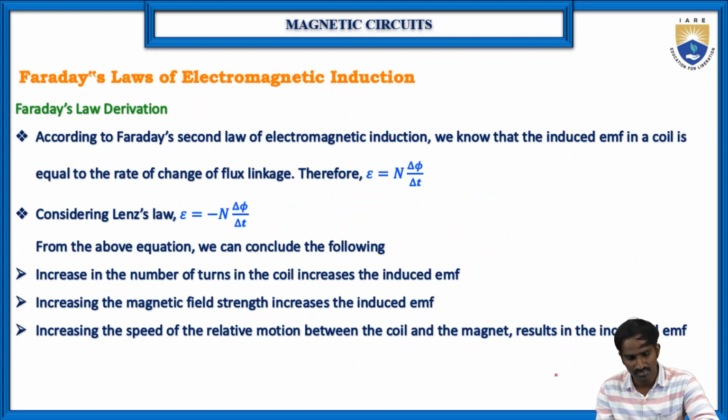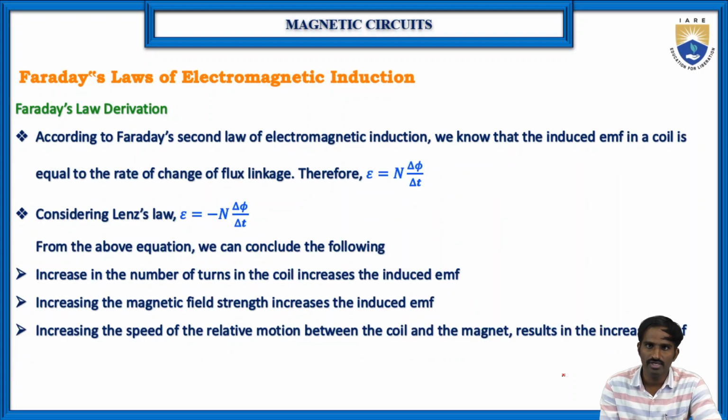According to Faraday's second law, the induced EMF is equal to the rate of change of flux linkage. Just now we derived that the rate of change of flux linkage is N into d phi by dt, but by considering Lenz's law, we should keep the negative sign.